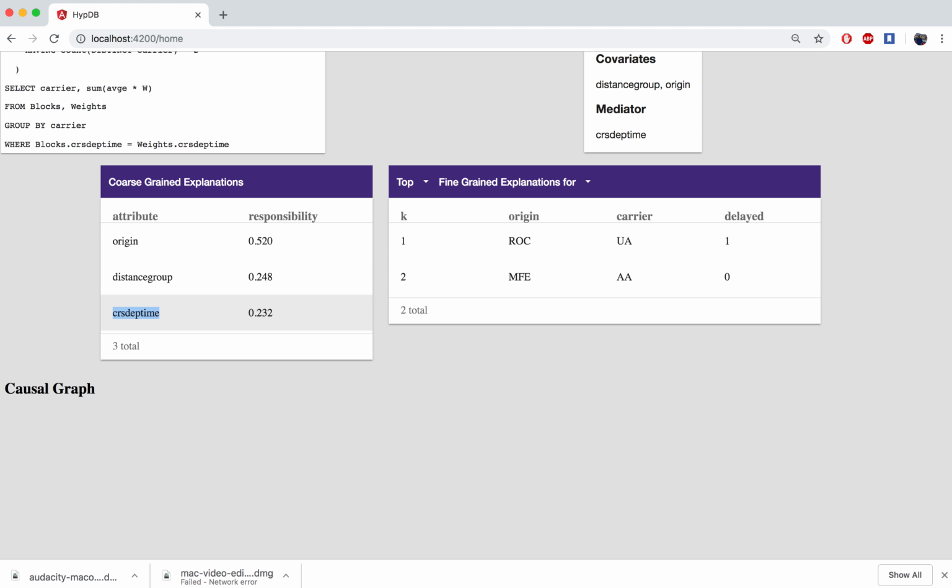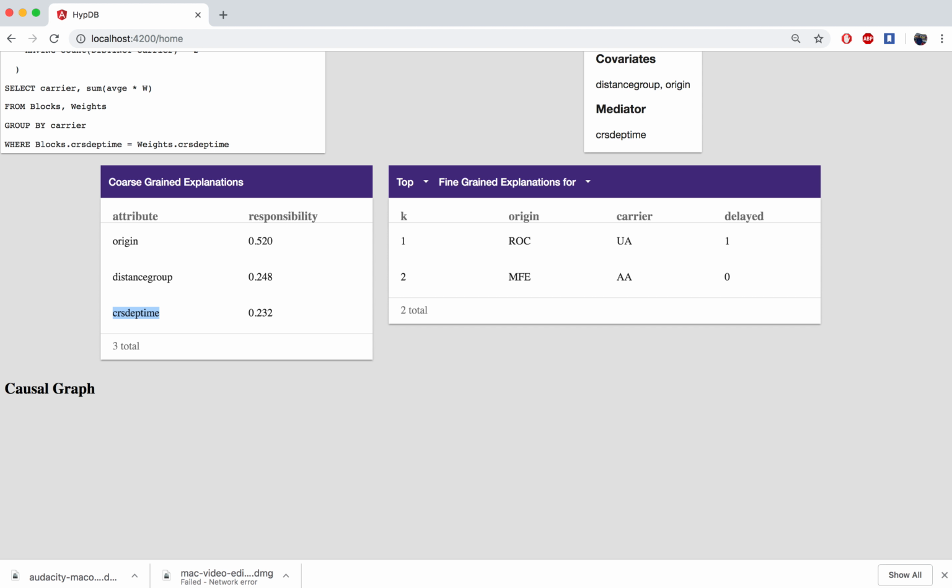And finally, the fine-grained explanation generated by HypDB is essentially a ranking system which drills down into a particular confounding factor and explains how the interaction of the ground levels of the attributes involved in a SQL query contribute to the bias.